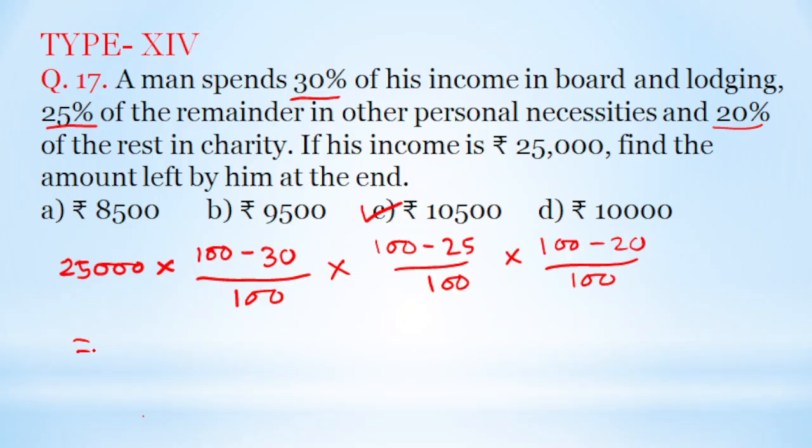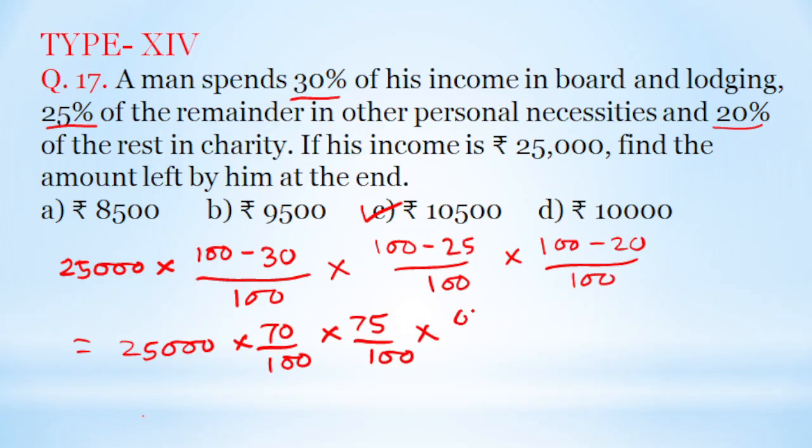So that is equal to 25,000 into 70 by 100 into 75 by 100 into 80 by 100.